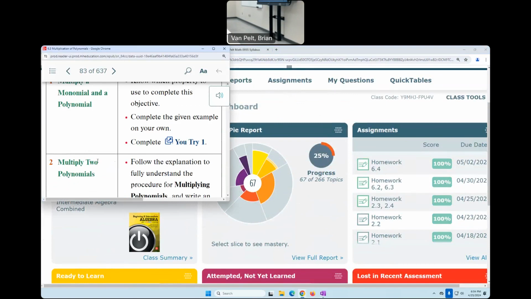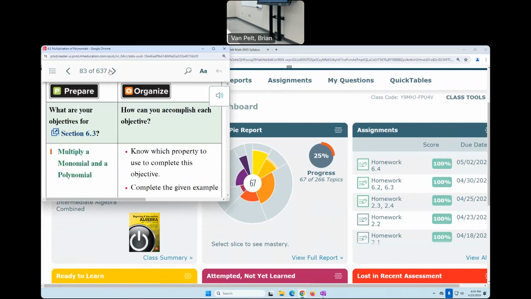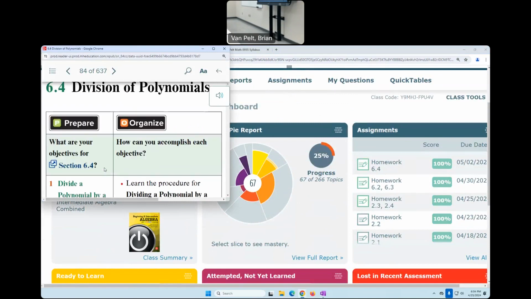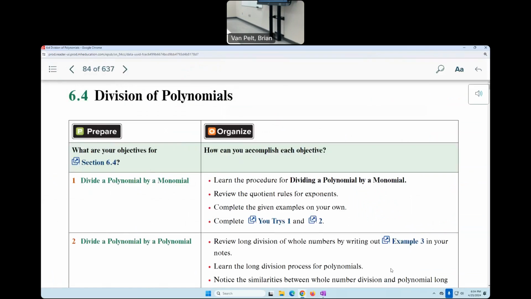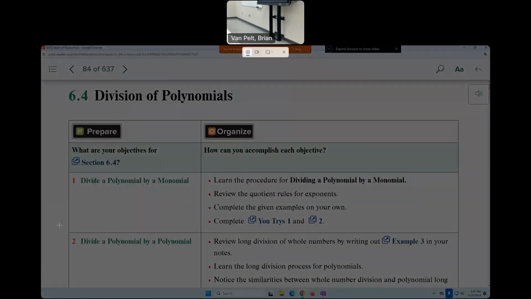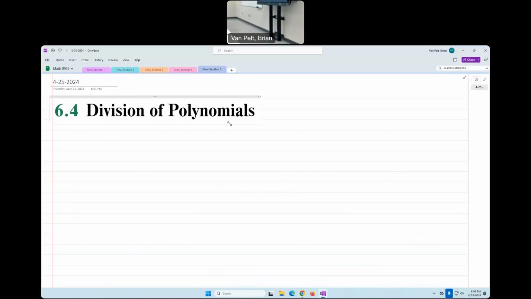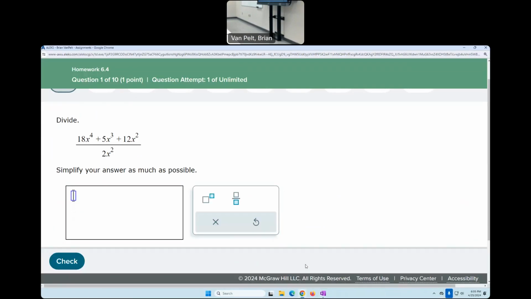This same book is used for the next class as well, I believe. Now I'll go ahead and pull that problem in.